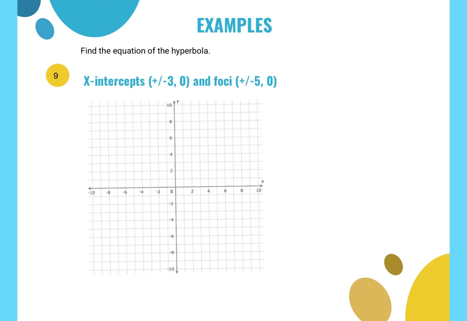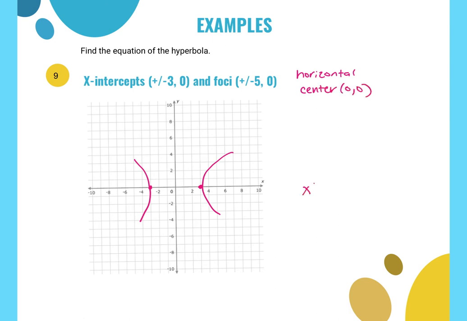It says X-intercepts, so it's not telling you necessarily that those are your vertices or your co-vertices, but we know it crosses through these points. This is symmetric, so all I know is my center's at 0, 0 from that one. And if it crosses through, that tells you what else? It's horizontal. And my center's at 0, 0.